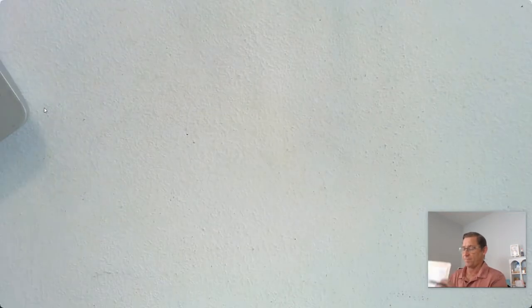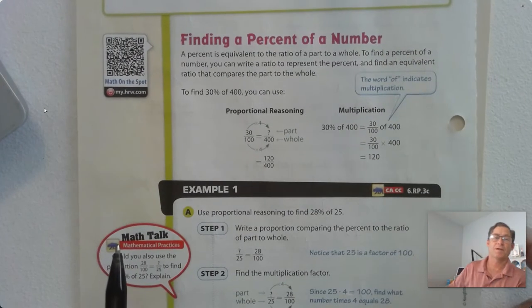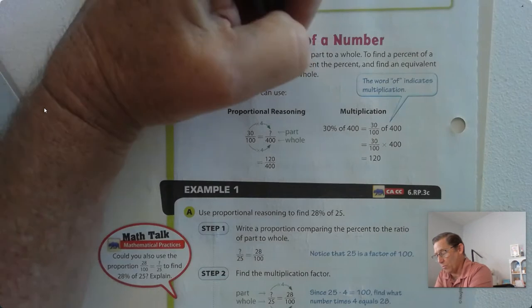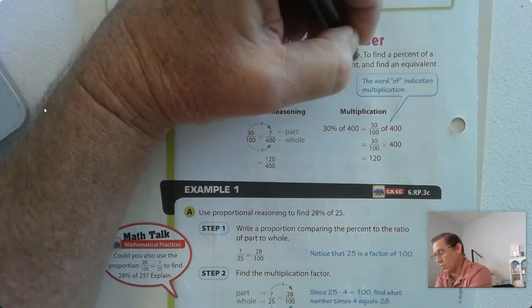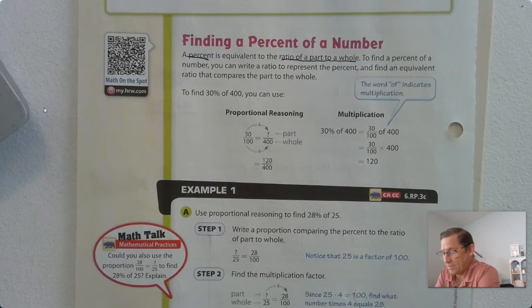All right, how about a concept known as finding a percent of a number? So a percent is equivalent to the ratio of a part to a whole. To find a percent of a number, we can write a ratio to represent the percent and find an equivalent ratio that compares the part to a whole.